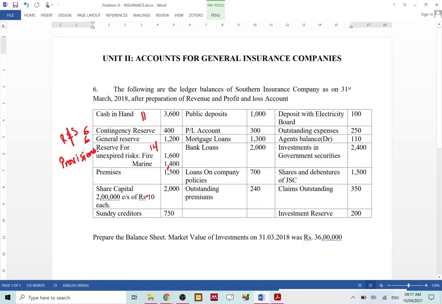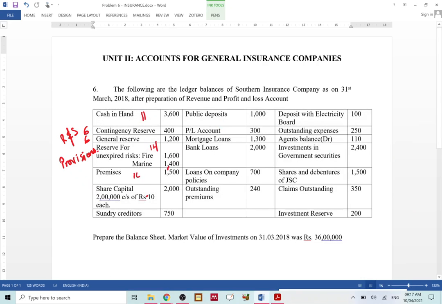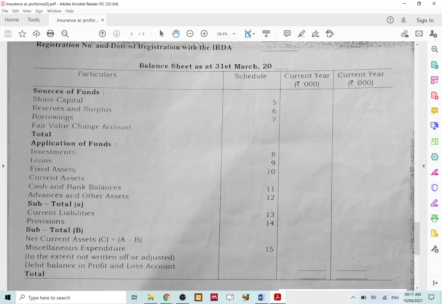Next we have premises, clearly under fixed assets, schedule 10. Share capital, schedule 5, right? Share capital, the very first one under sources of funds is share capital, schedule 5.